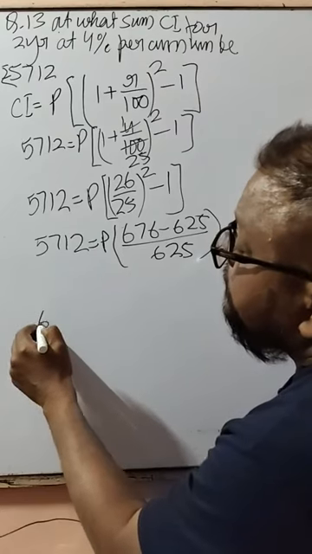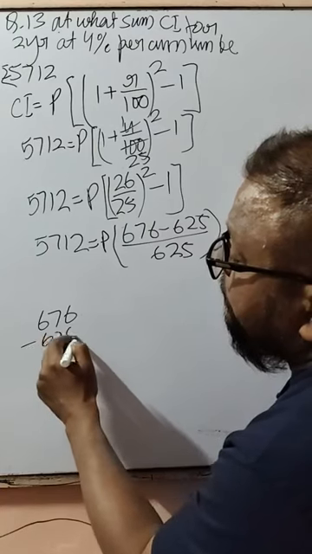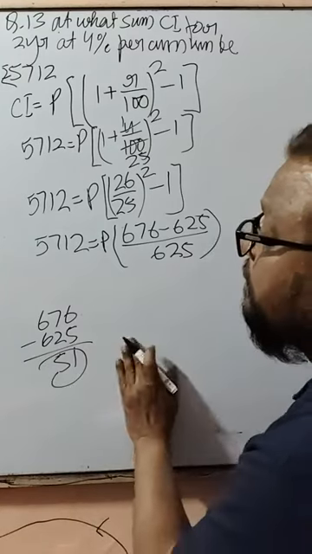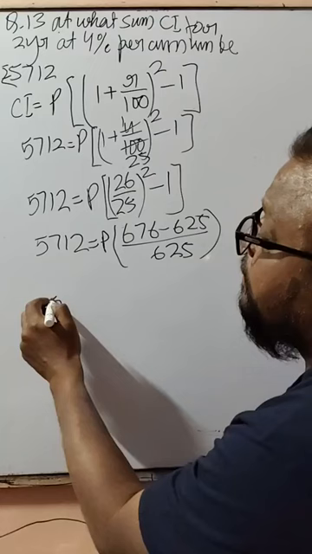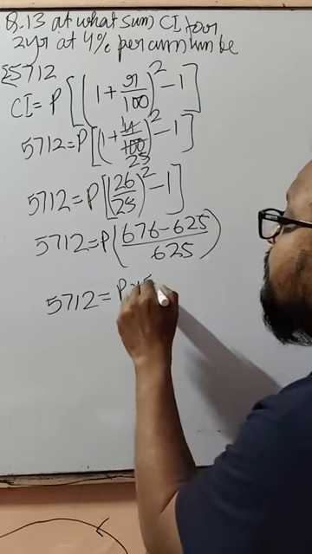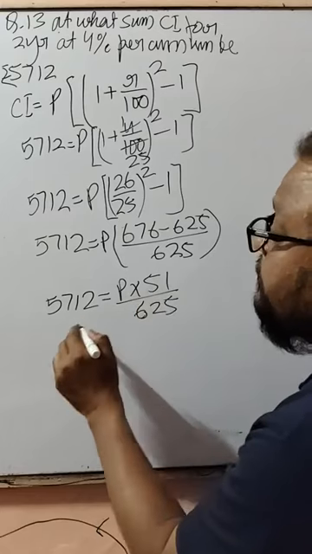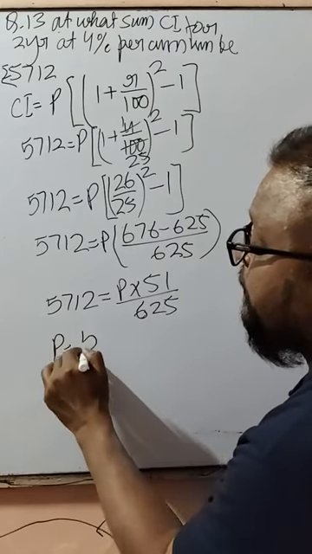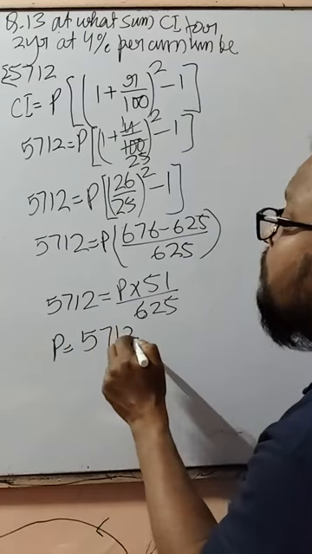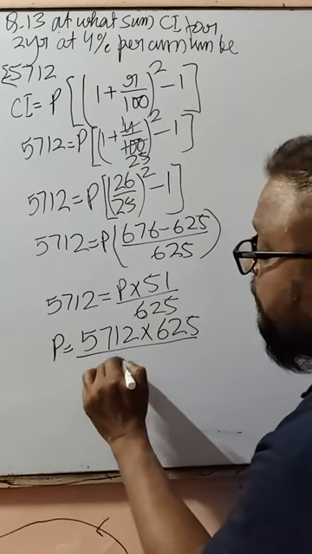Now 676 minus 625 is 51. So 5712 is equal to P into 51 upon 625. So P is equal to 5712 into 625 upon 51.